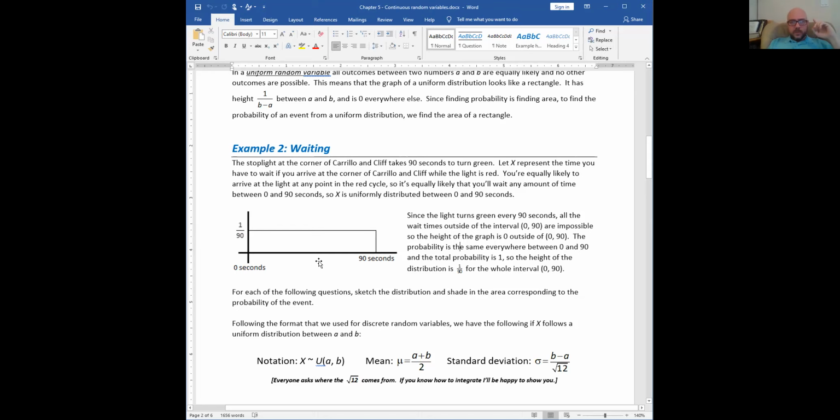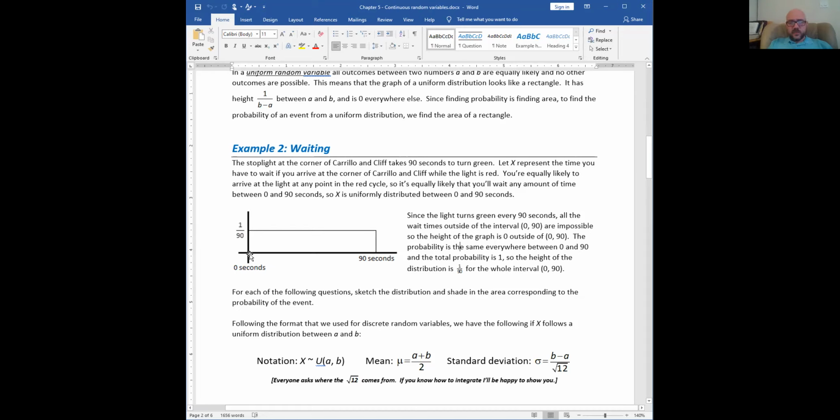So, a couple things. One, we're going to have everything between 0 and 90 possible. And anything outside of that is impossible. Clearly, you can't have a negative wait time. And since the light is only red for 90 seconds, you can't have more than a 90-second wait, right? Even if you arrive just as it turns red and you have to wait the whole time, well, then you still have no more than 90 seconds.